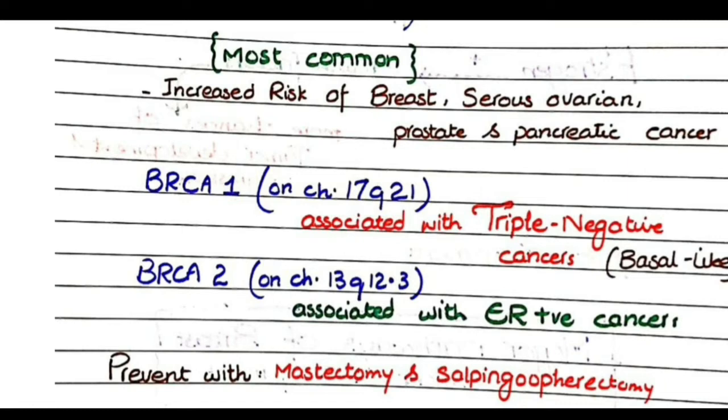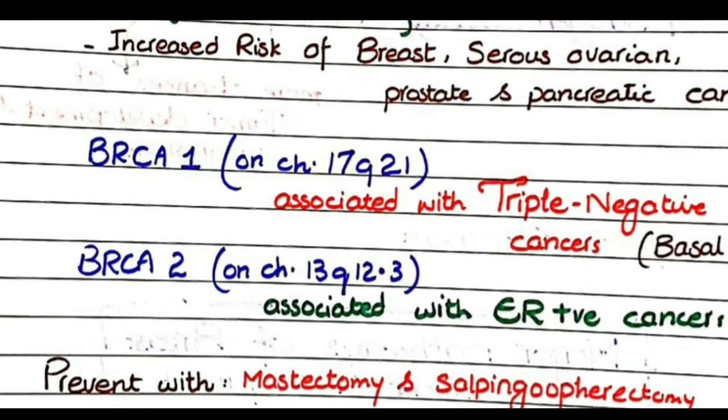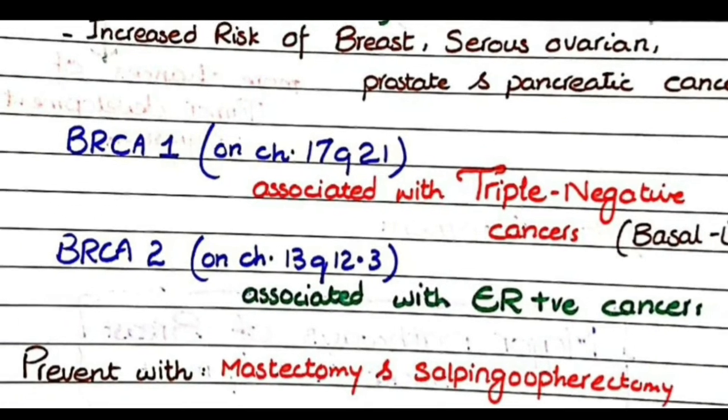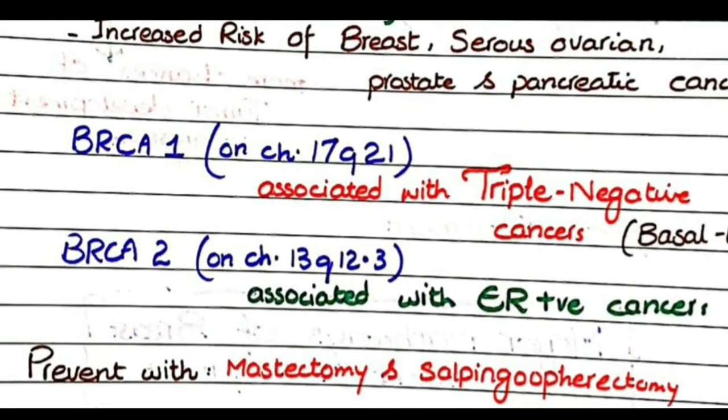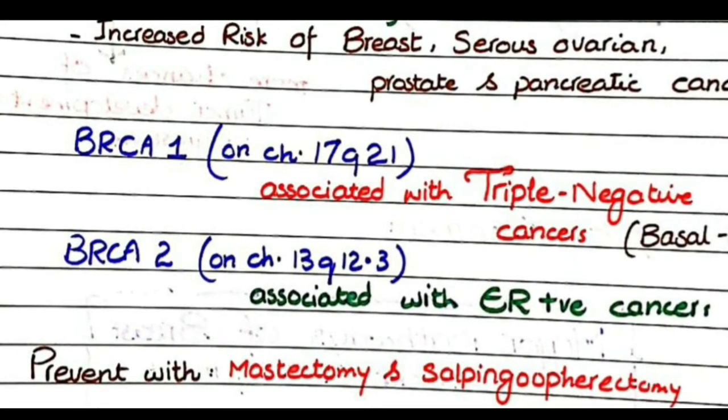And if we detect it somehow, we have to do something to prevent breast cancer. And the preventive management of BRCA1 and BRCA2 mutations is mastectomy, which means removal of the breast. Why do we remove the breast? Because when there is no breast, there will be no risk of breast cancer. And we do salpingo-oophorectomy. Salpingo-oophorectomy means removal of the fallopian tubes and ovaries. Why are we removing these tissues?